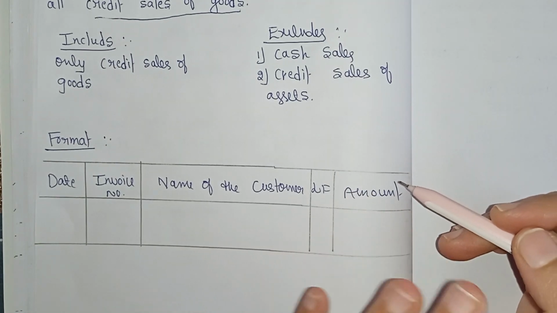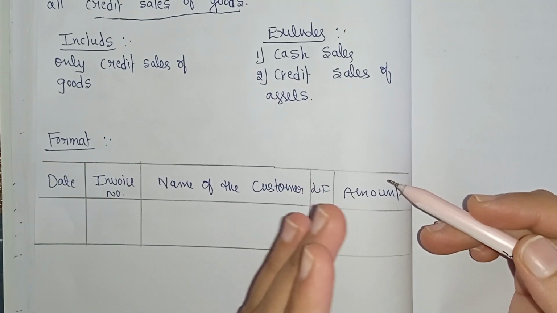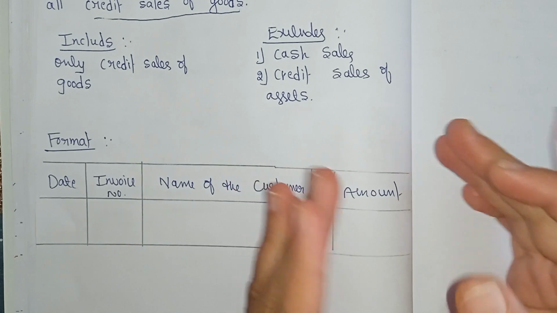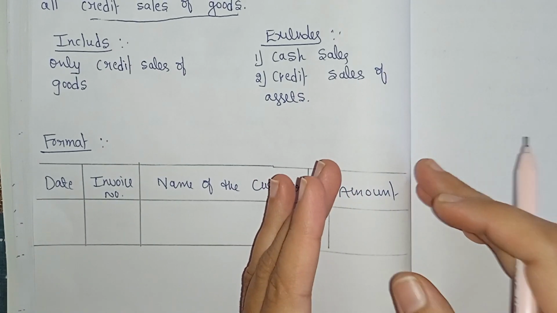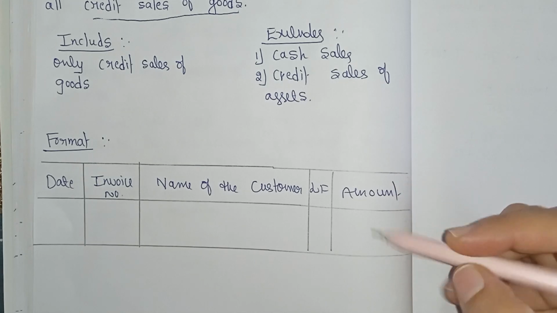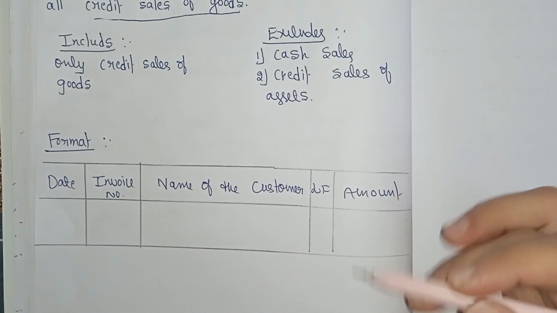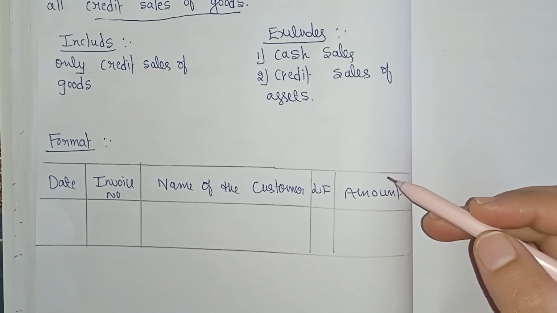In the sales book we can add other columns also, like a description, meaning details of the goods sold, including the quantity, product type or specification. And in the case of GST we can add output GST, like output CGST, output SGST and output IGST.